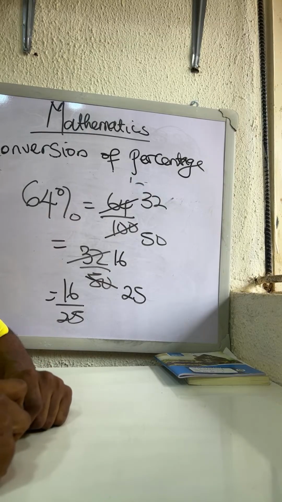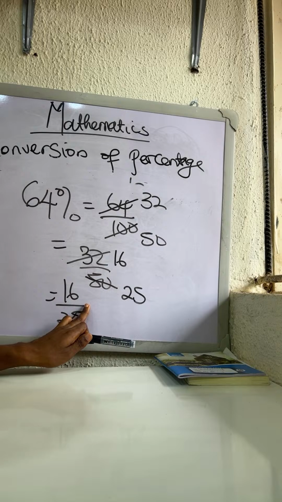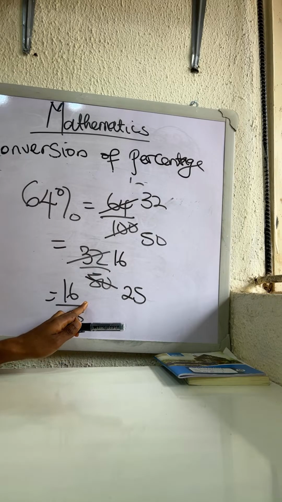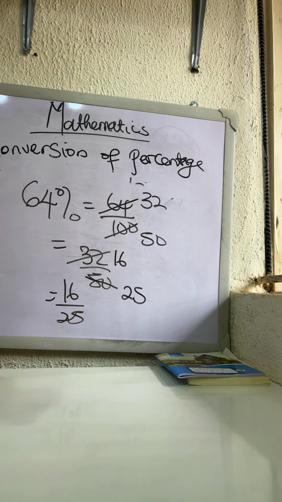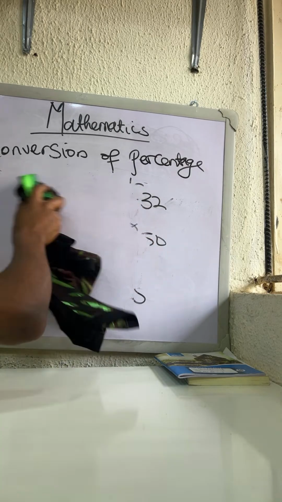Which is not an improper fraction. This one is a proper fraction. So we are not going to do anything to it. Well, what if it's a mixed fraction? No, you cannot get a mixed fraction unless you get an improper fraction and convert it to mixed. Okay?